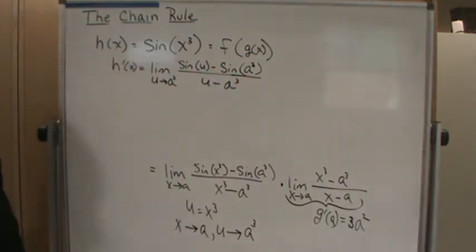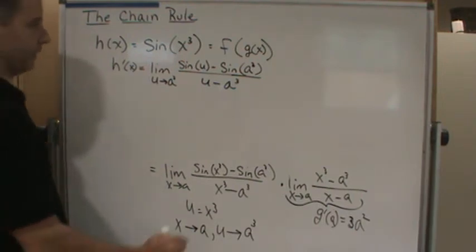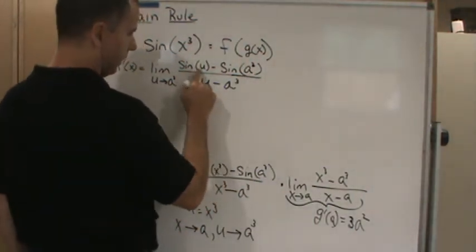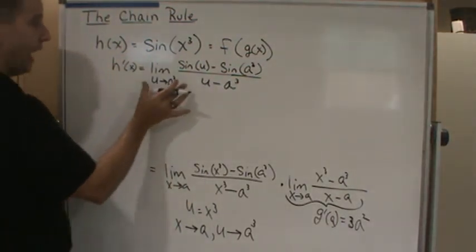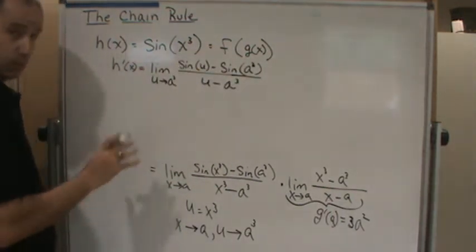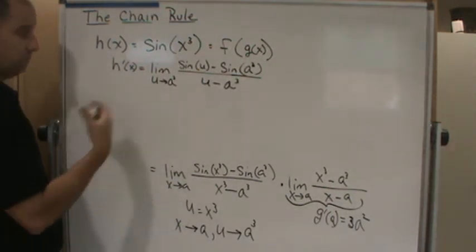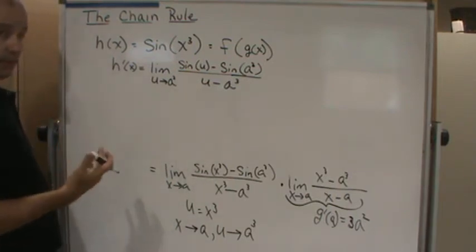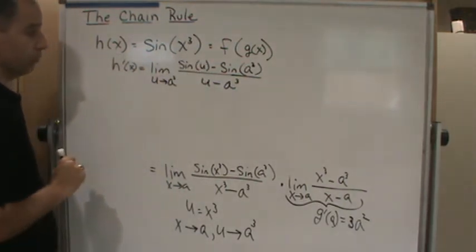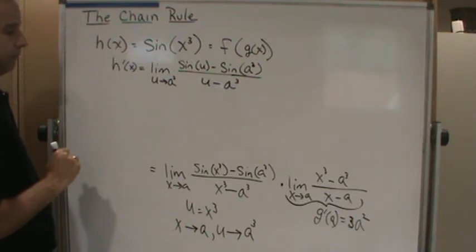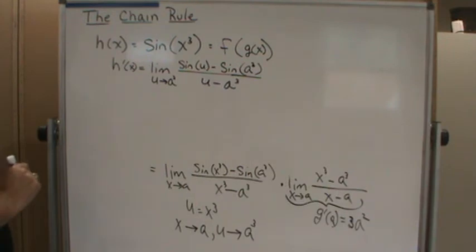Now realize a cubed is just a constant. The key is these two are the same. So it's more clear with the u substitution that this meets the definition of a derivative, and it's the derivative of sine u at a cubed.